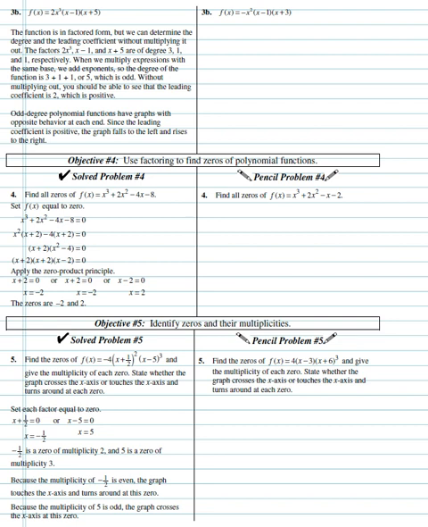The function is in factored form, but we can determine the degree and the leading coefficient without multiplying it out. So here, I would go ahead and look at the first terms. Negative x squared is this term, times x, which is this, times x.